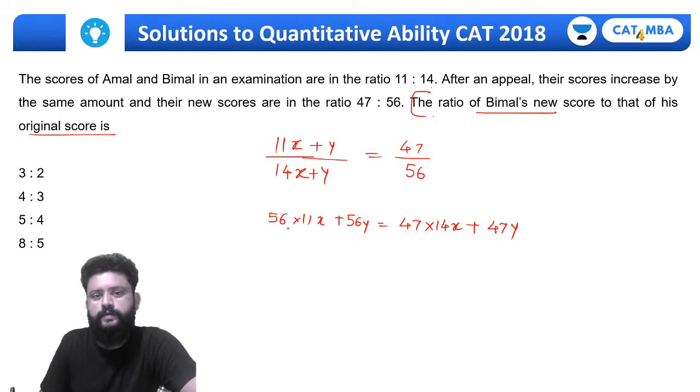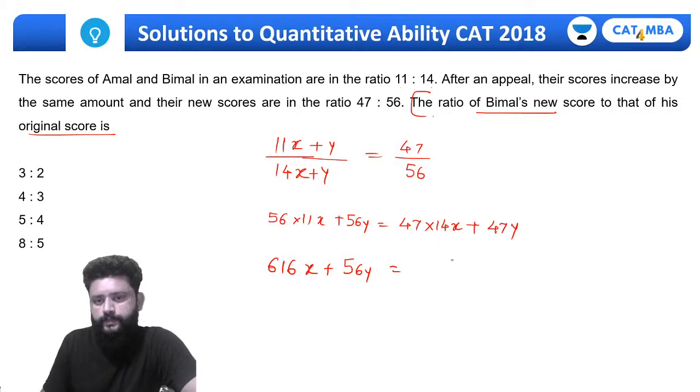That will be 616x plus 56y equal to 47 into 14, 658x plus 47y.